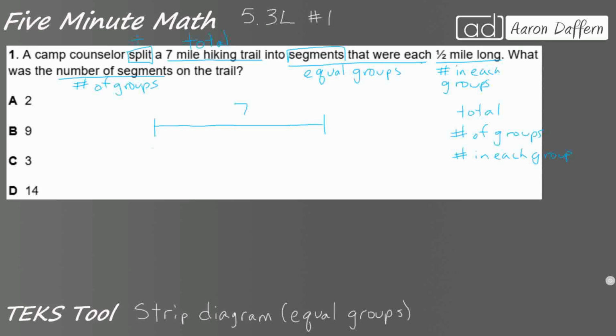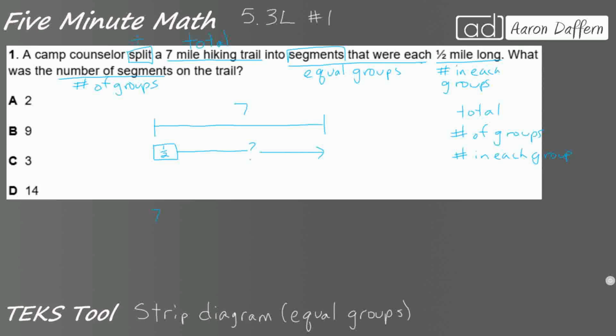So I know that these are half-mile segments, but I don't know how many segments there are. So I'm going to represent that with a line kind of broken up by a question mark. If I knew the number of groups, I would put that many groups underneath the 7. I just don't know how many halves go into 7. So really, that's our strip diagram.